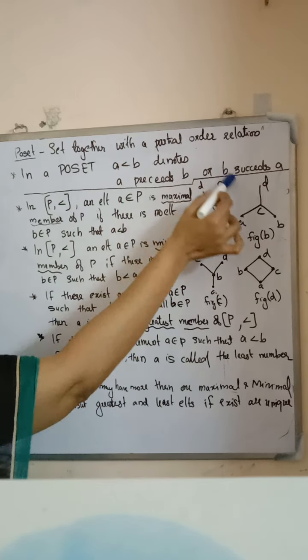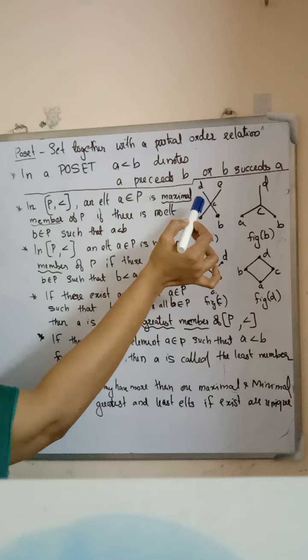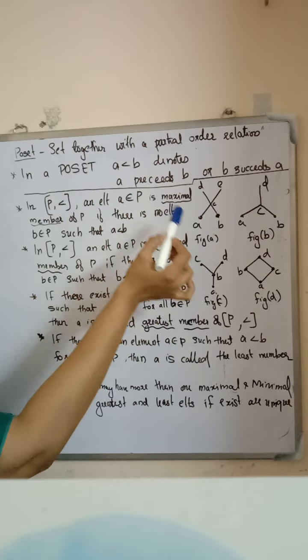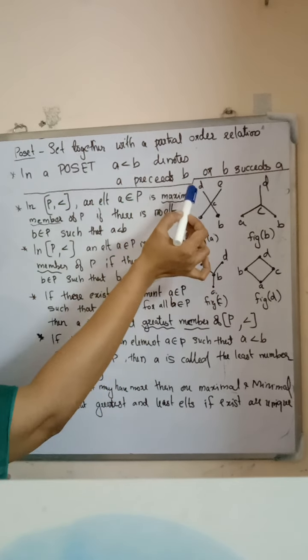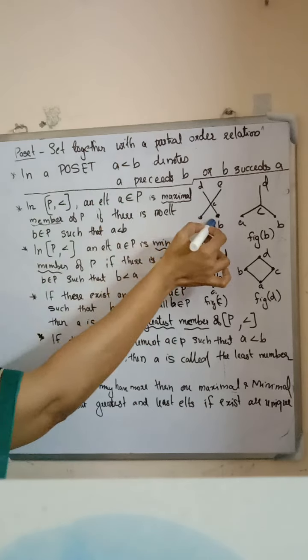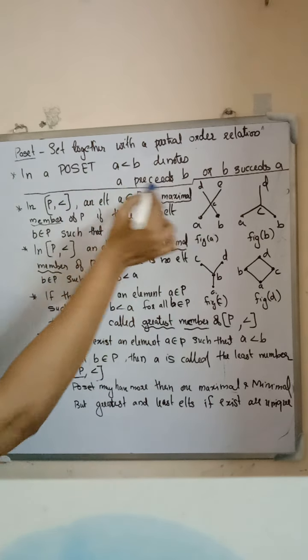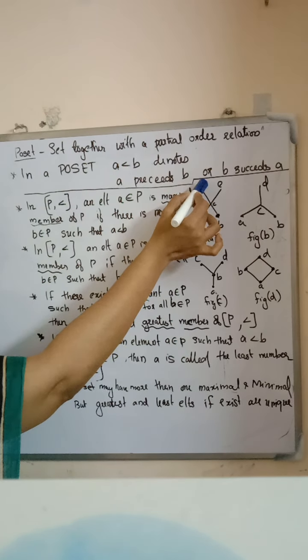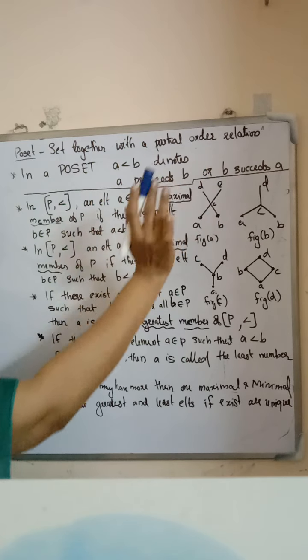In this example, this is the Hasse diagram of a partially ordered set. So in figure A, D and E are maximal members of this poset because D is not a predecessor of any other element.